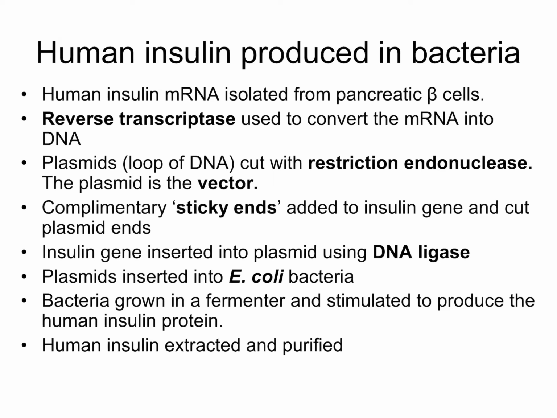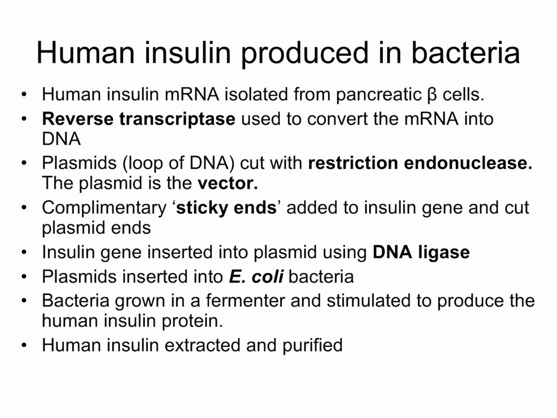amazing technology. Before this process was discovered and developed, insulin was extracted from the pancreases of animals from the slaughterhouse. And the trouble with this was it was extremely expensive to produce, and also the insulin that was being injected into people wasn't pure human insulin.